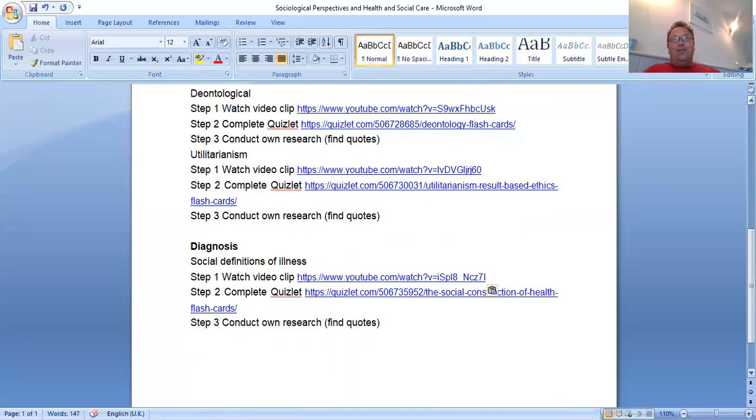It isn't just a scientific, absolute thing. It is something that is relative. And what I mean by that is what is healthy and what is unhealthy is not something simply defined by science and a biomedical model. There are other ways in which we commonly use this.